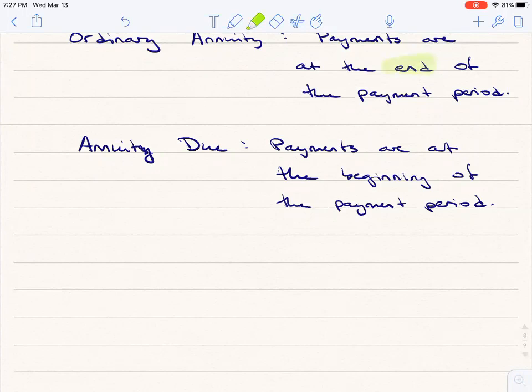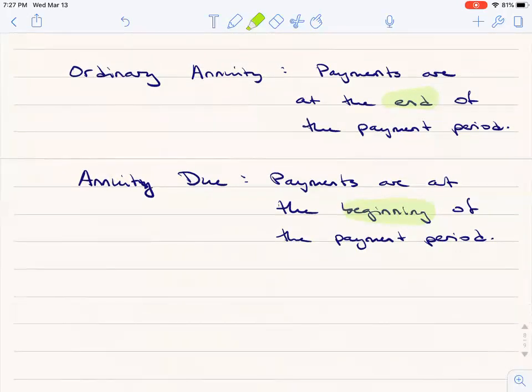I'll just highlight here: here's at the end, here's at the beginning. I'll put a little note here that this is from chapter 6, and this is in chapter 7.